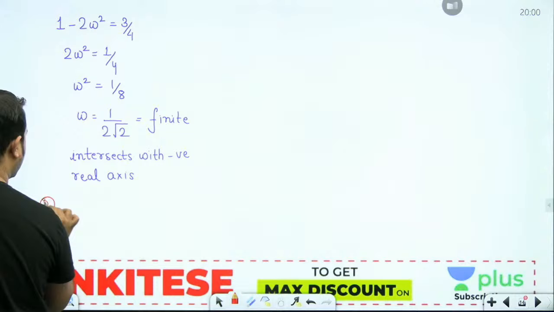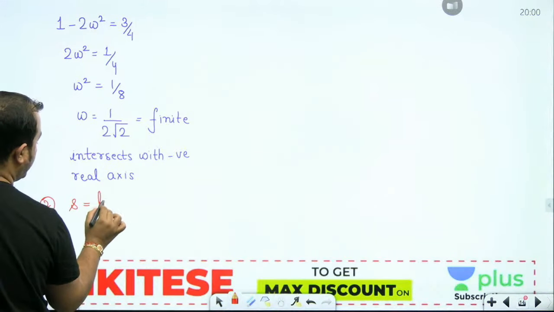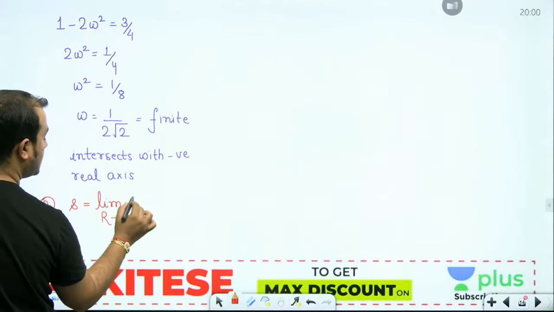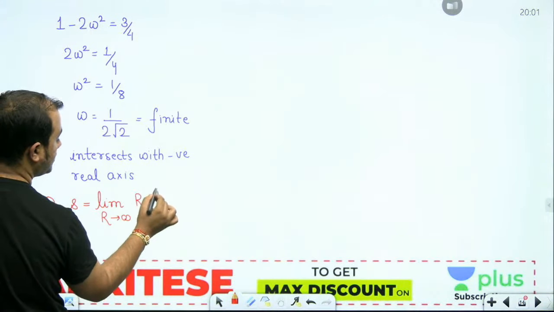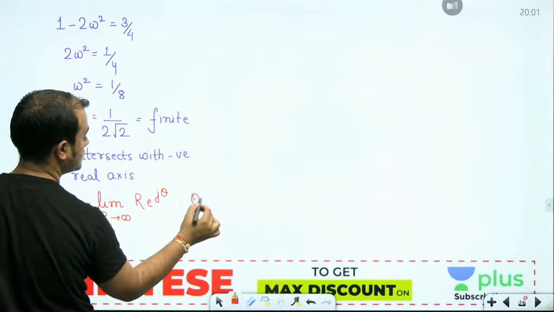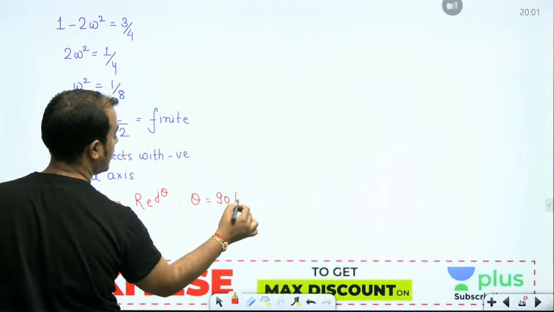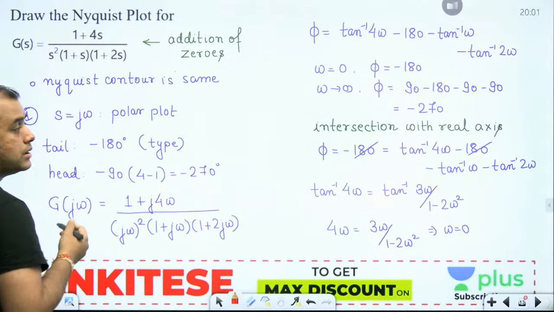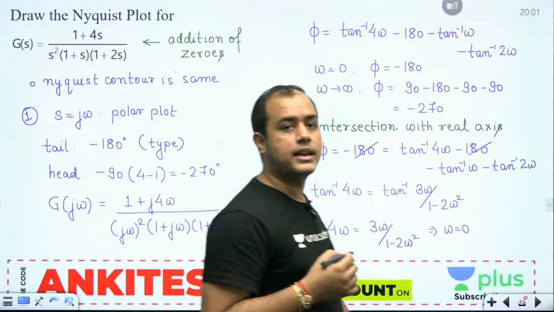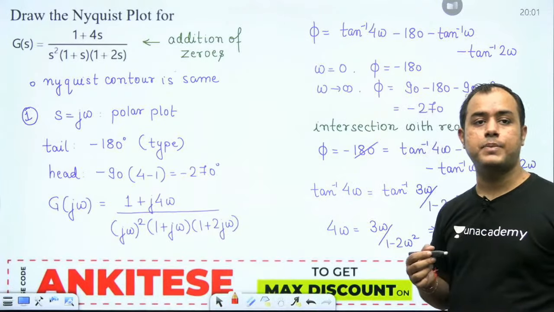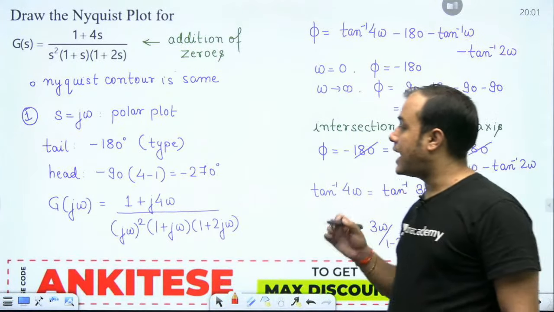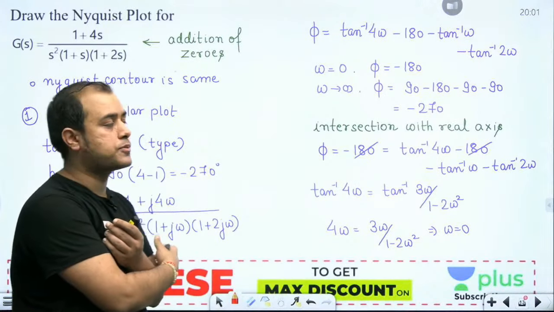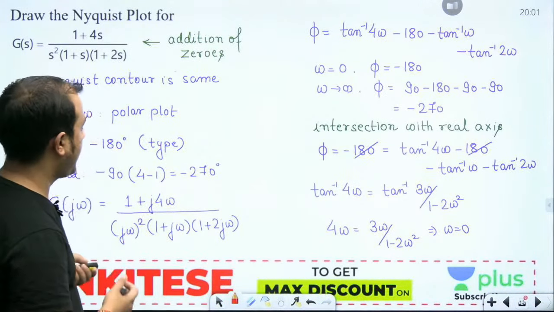of the Nyquist contour is S equal to limiting R e to the power j theta. Okay. In most of the cases, you can ignore even the second part. But why have I taught you the second part? Because that will give you an insight on how to exactly draw the Nyquist plot or the polar plot.